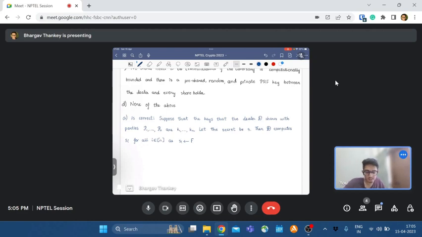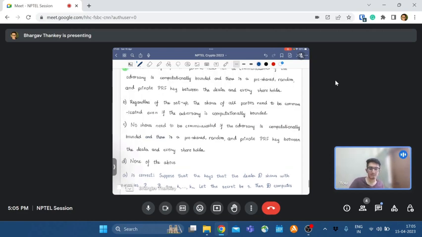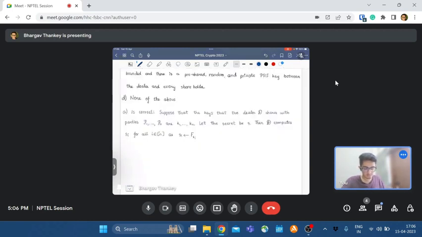So the option A there was this secret random PRF key between the dealer and the shareholders, right? I'm calling the PRF F. So here is how the dealer computes the shares S1 to Sn minus 1.